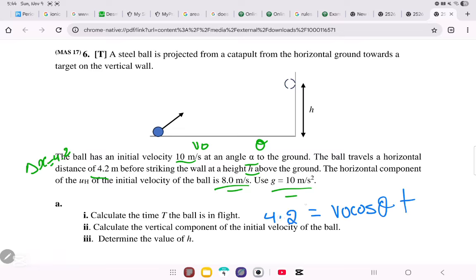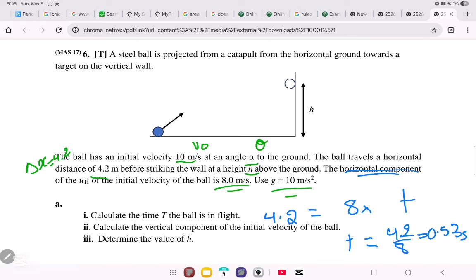Then they told us that the horizontal component, v0 cosine theta, which is vx, is 8 meters per second. So we can substitute it by 8. So now t is 4.2 over 8, which is 0.53 seconds. Let's make sure they didn't do any calculation mistake as well. So yeah, 0.53 seconds. Now calculate the vertical component of the initial velocity of the ball.